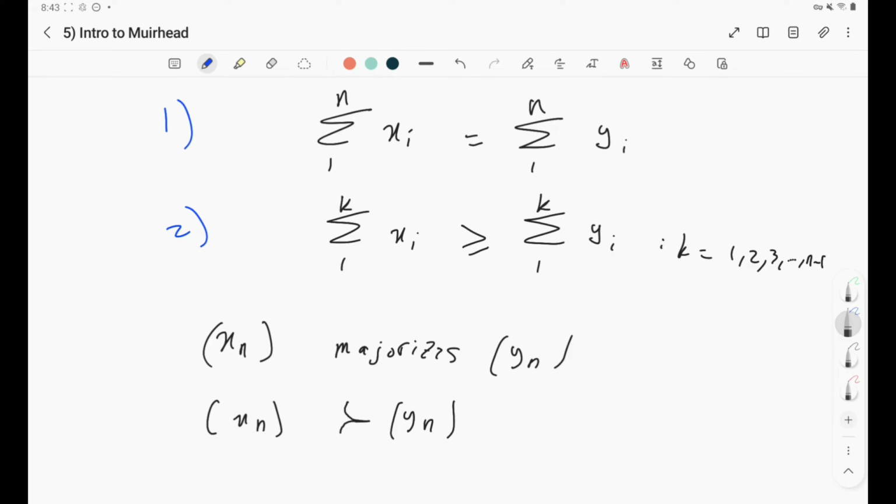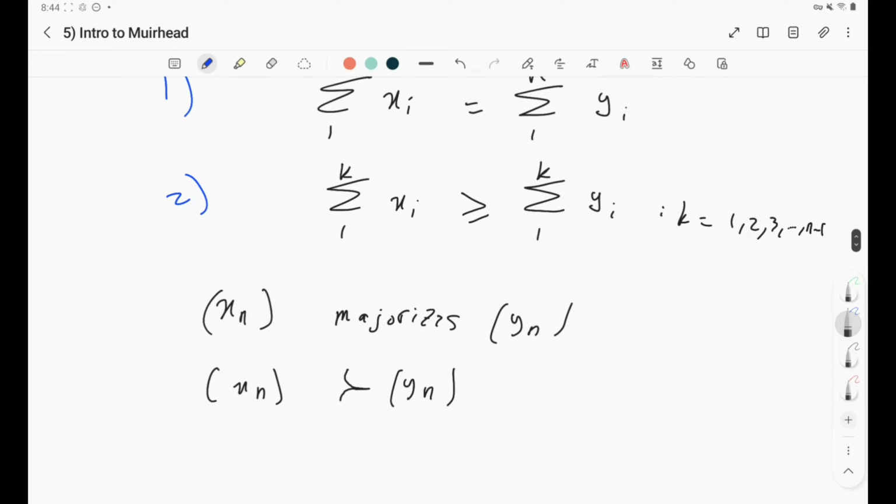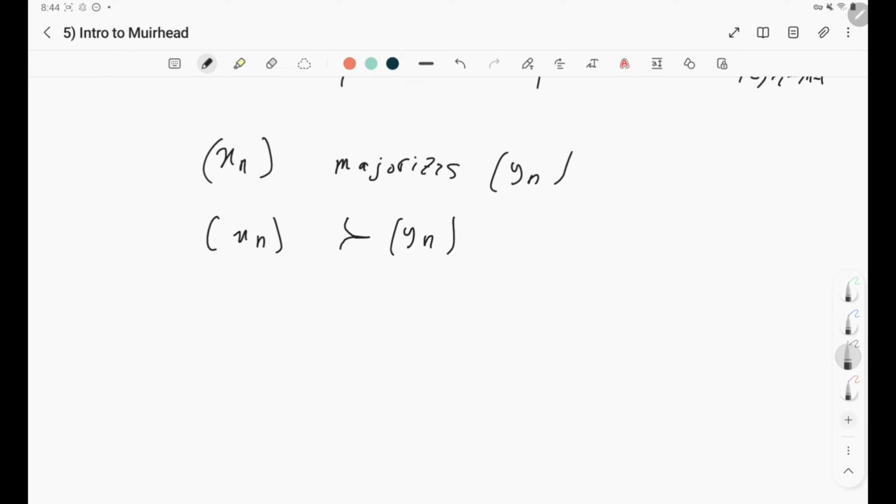Alright, so now we understand what majorization is. We can actually provide an example. Let's say maybe something like this. 2, 1, 1. This is one sequence.